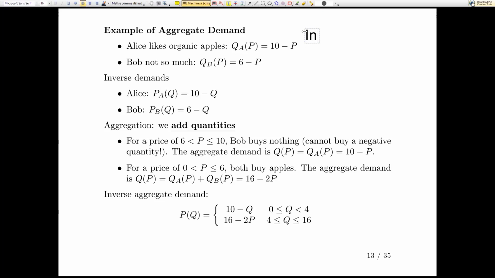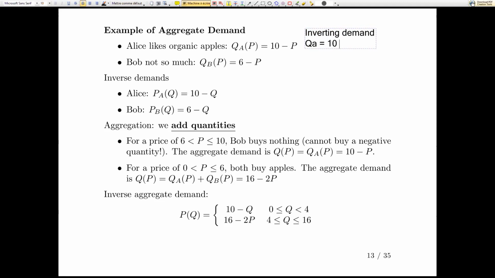inverting the demand. You just get rid of this P there. You just treat it as an equation.